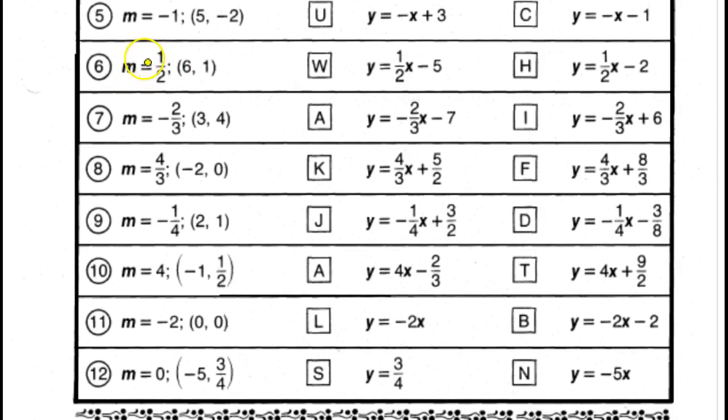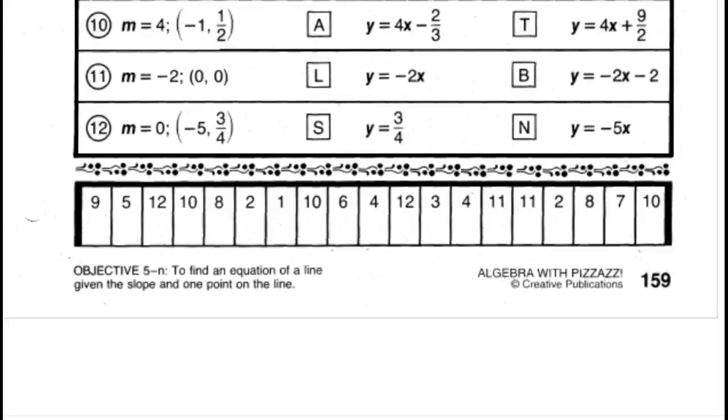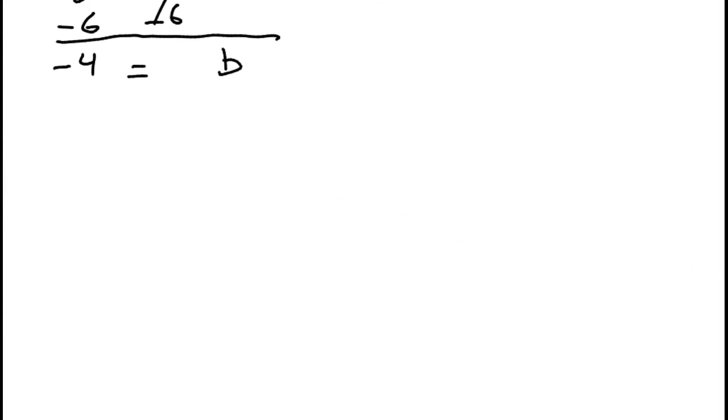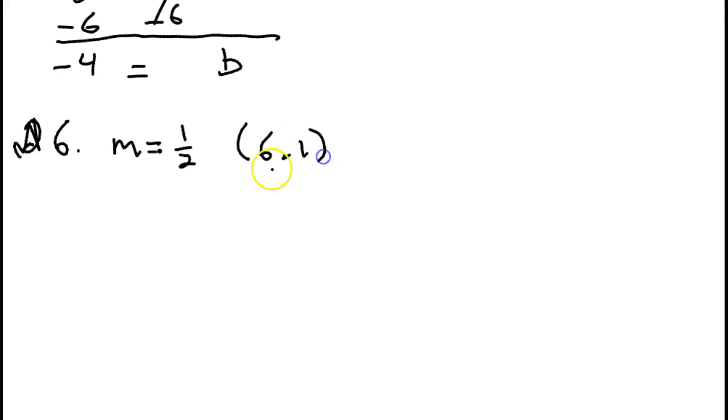So something like number 6, it has like 1/2, 6, 1. Number 6, slope of 1/2. That goes through 6, 1. Right? Still the same thing. I know some people say the fractions are harder, but if you just start doing the work, you'll find out it's probably not that bad.